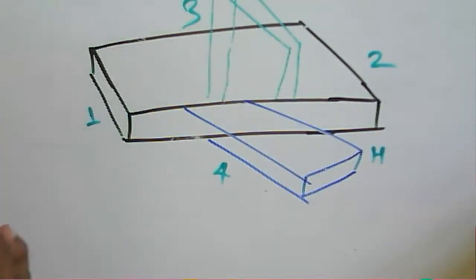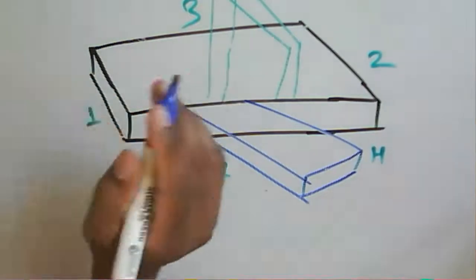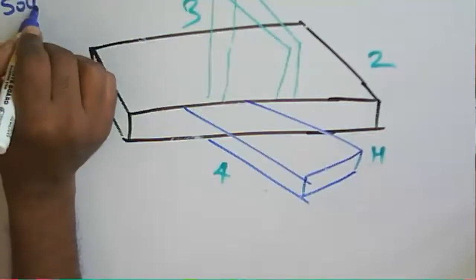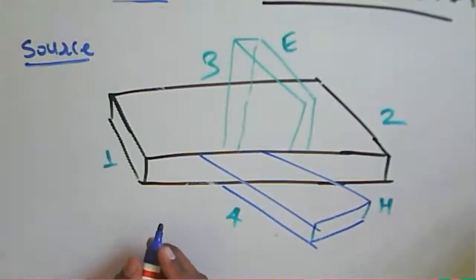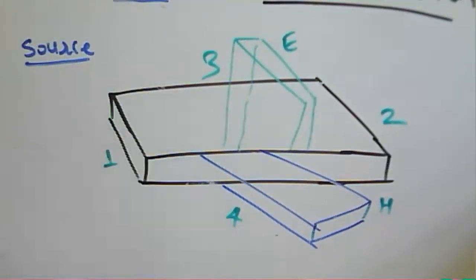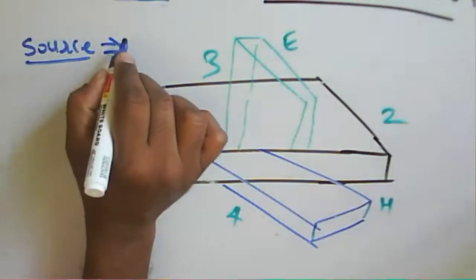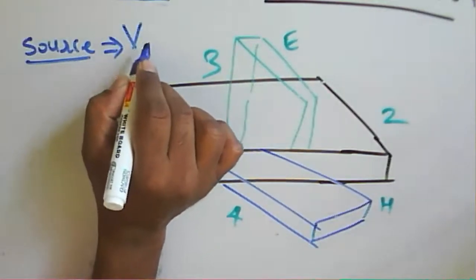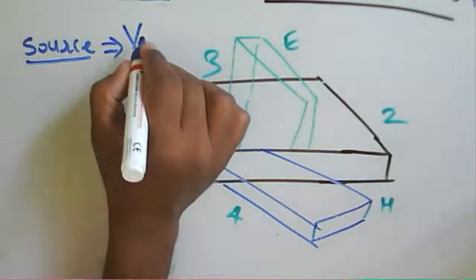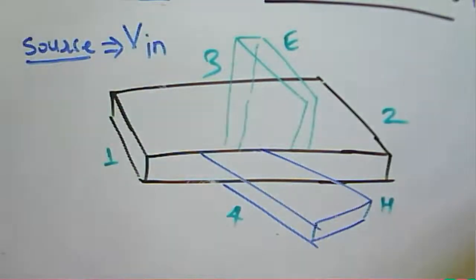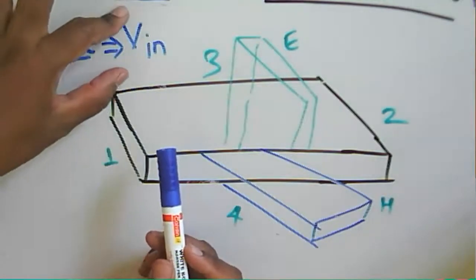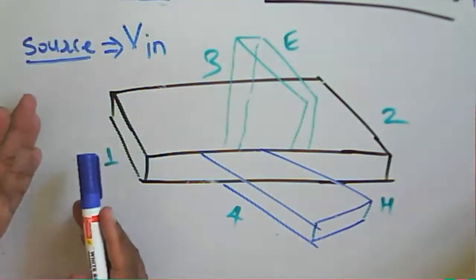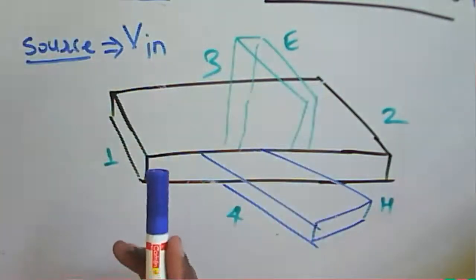If we have a reflex klystron as the source, then from that source we measure the output that will reach the T. We say that V in is the output the source provides. Now that V in is the input to the given T.